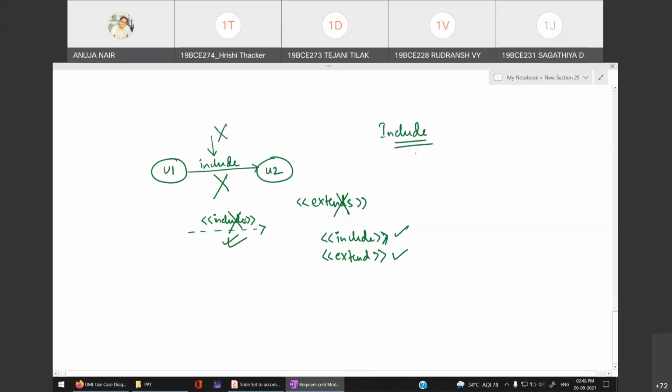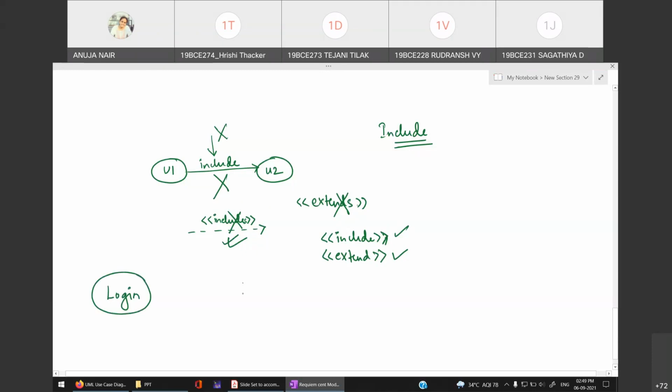Include means what? What is the English meaning? Part of.